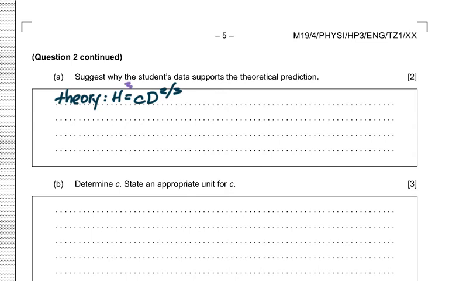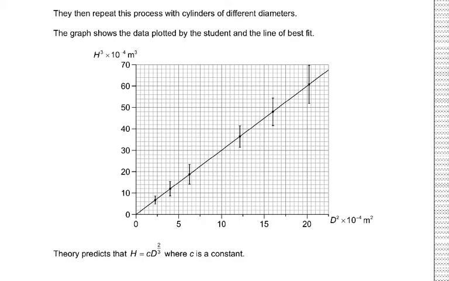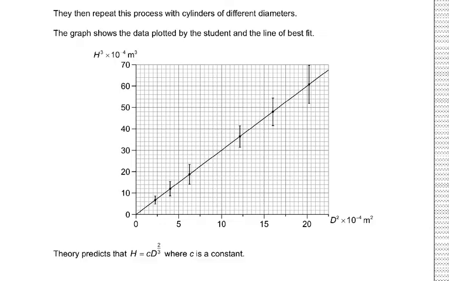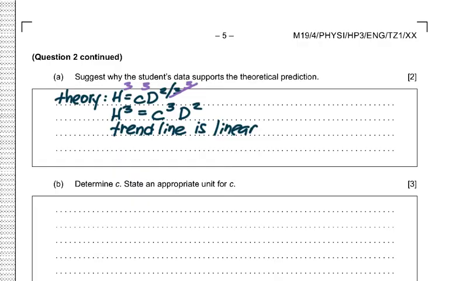So if I raise everything to the 3rd power, then that 3 goes away. So we get that h to the 3rd is equal to c to the 3rd times d squared, which is what the student had plotted. They're plotting h to the 3rd versus d squared, and it does fit that linear expression of y equals a constant times x. And so we can see that it does follow that relationship of a linear plot because the trend line is linear. All right, but that's not enough.